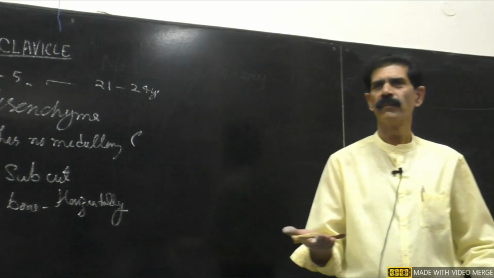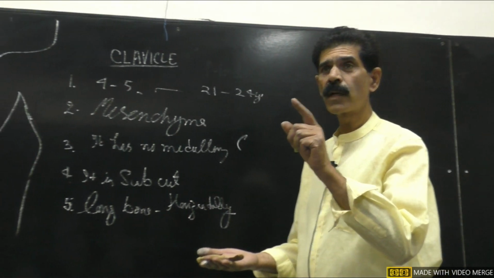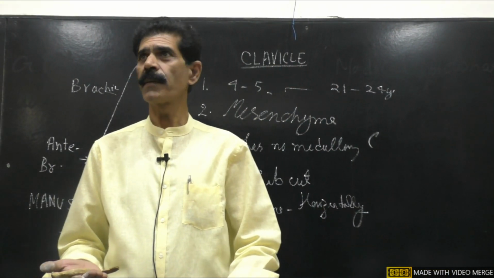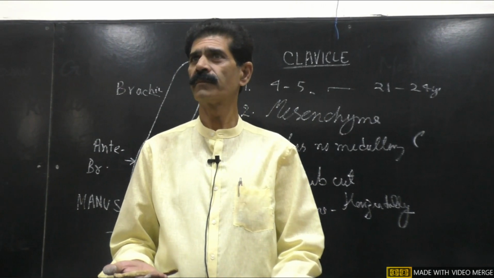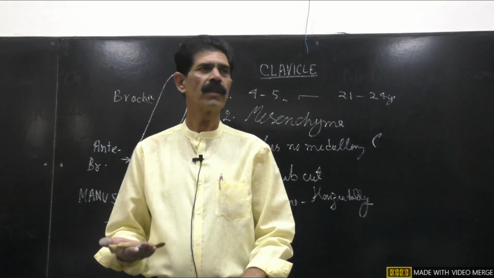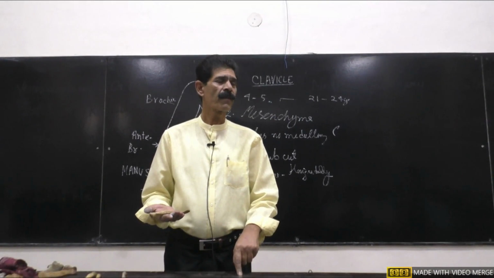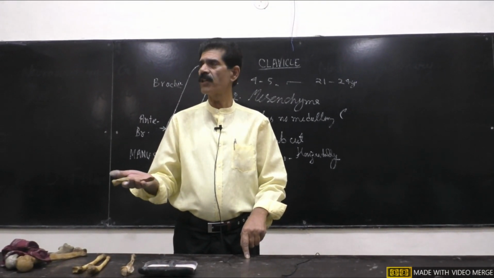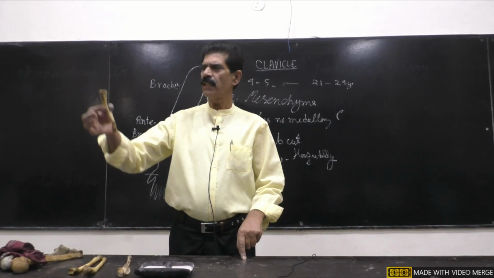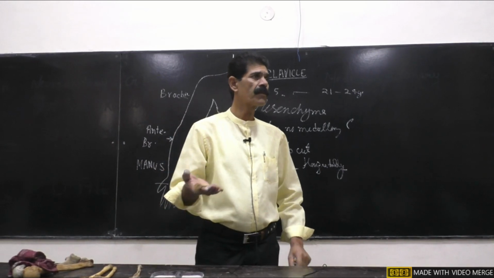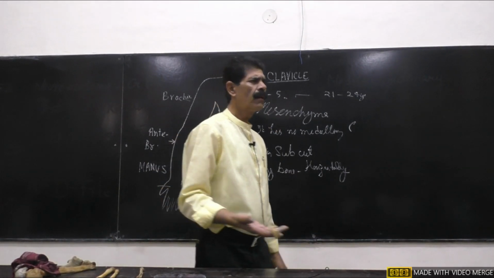Each and everything is observed by the examiner during the Viva. You can't skip anything, you can't do anything wrong, because you must be knowing this, and we expect that you should know it. So this is the weight. By seeing the volume of any bone, there is a rough estimation whether it must be heavier or lighter.